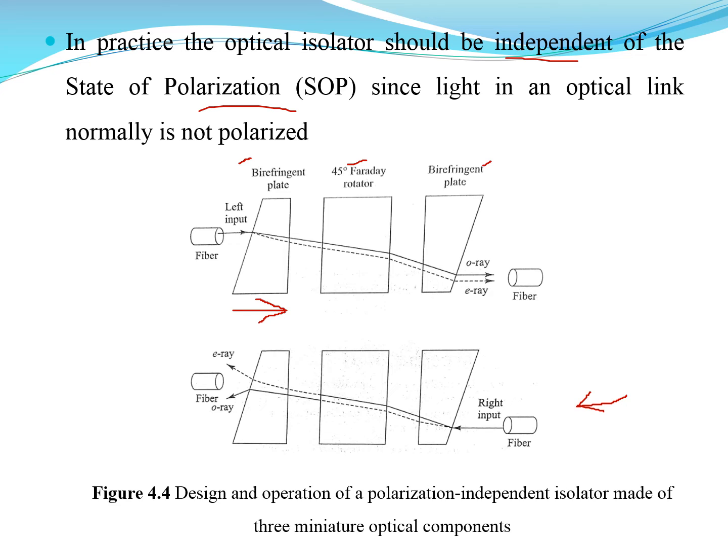Earlier we saw that the light rays were parallel with each other and they were entering the fiber. Now we see that the light rays will no longer remain parallel. Instead, they are going to deviate out of the optical fiber. Hence, the reflection is going to be avoided or prevented by using an optical isolator.